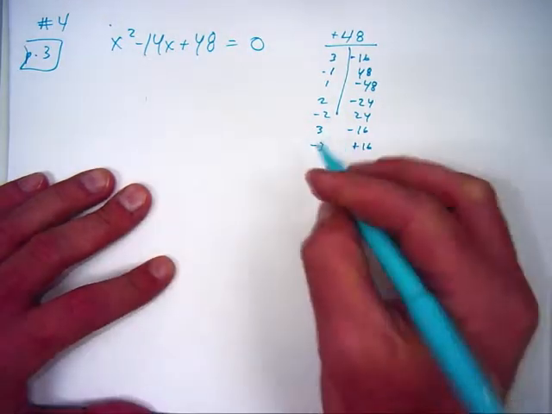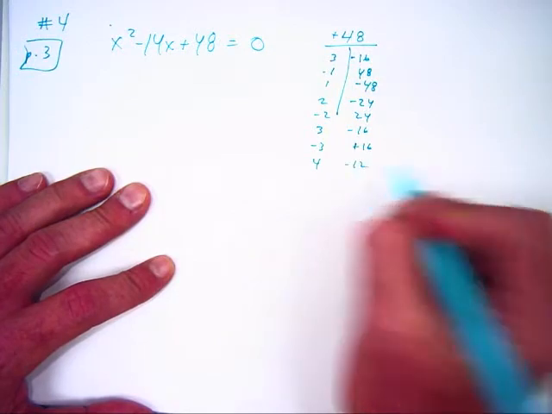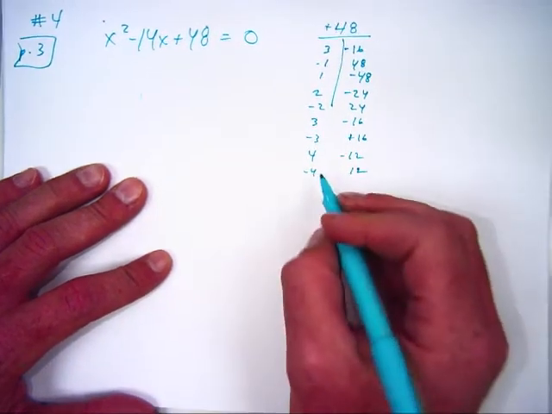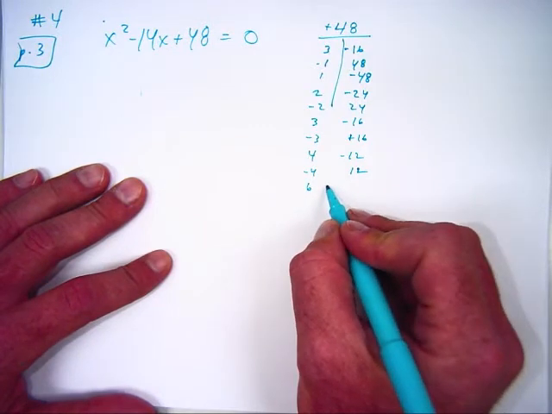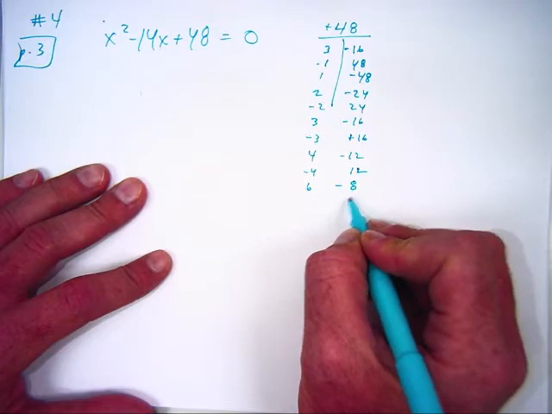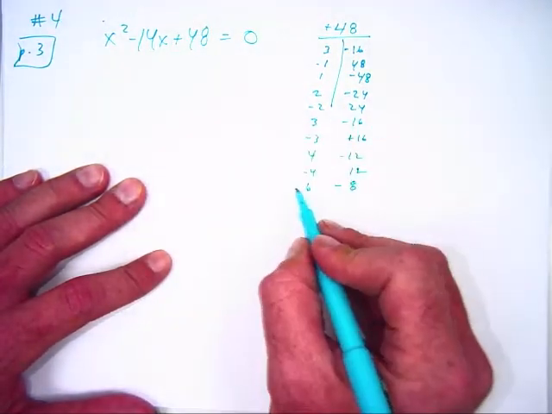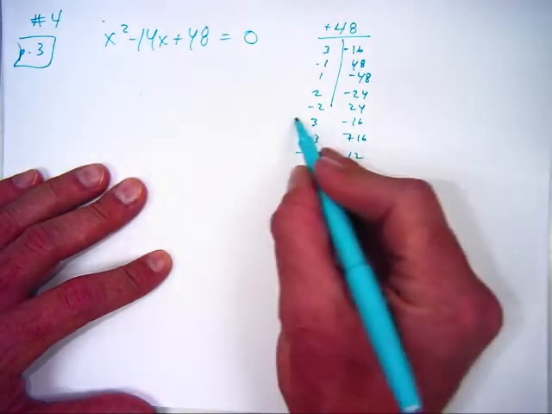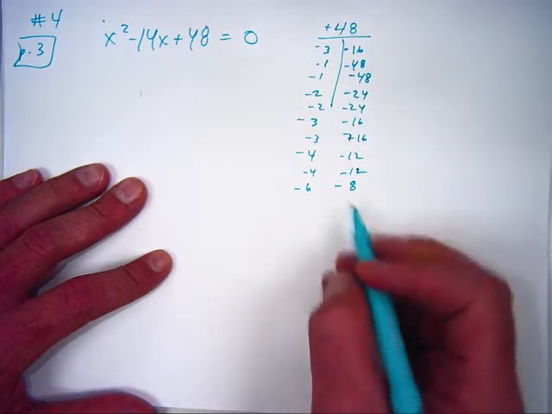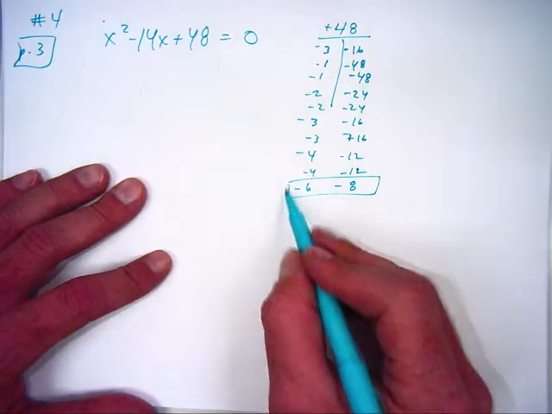We got 4 and negative 12. We got negative 4 and 12. We got 6 and negative 8. I'm sorry, these are all negatives here, because it has to equal positive 48. So this looks like we finally got it, negative 6 and negative 8.